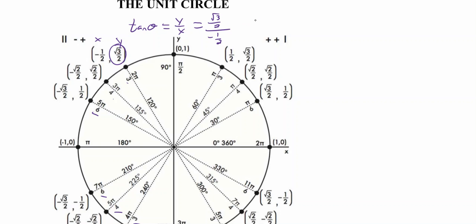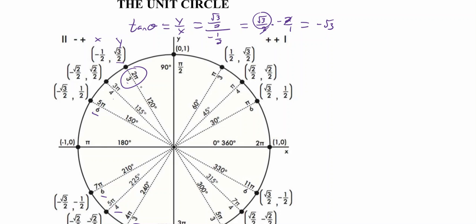Dividing by a fraction is the same as multiplying by the reciprocal, so that'd be 2 over 1. My 2's cancel, and I end up getting negative root 3. So it looks like I was after this one. That's where tan can be a little bit tougher: you have to figure out what made it into root 3.